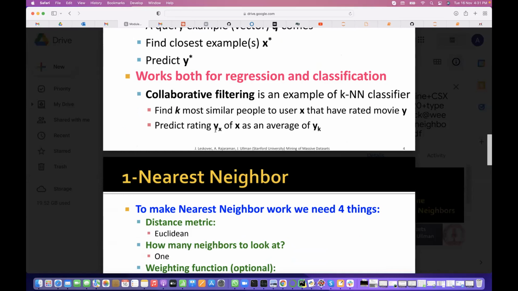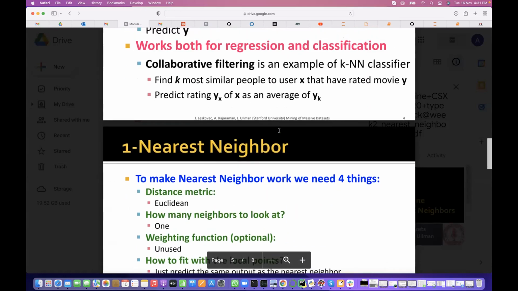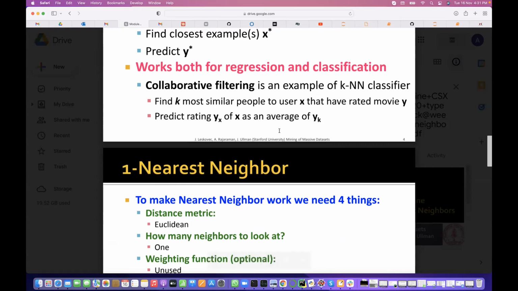Then predict the rating y of x as an average of the K. So if you want to predict what rating the user can give, first get the K nearest neighbor users, that is nothing but the K closest similar users to that x. Then take the average rating they gave. We assume that this person also will give a rating close to the average.